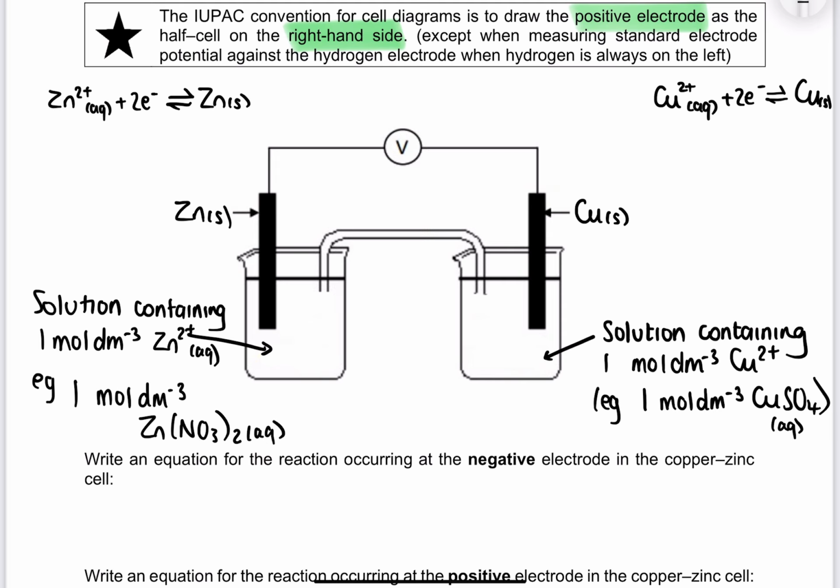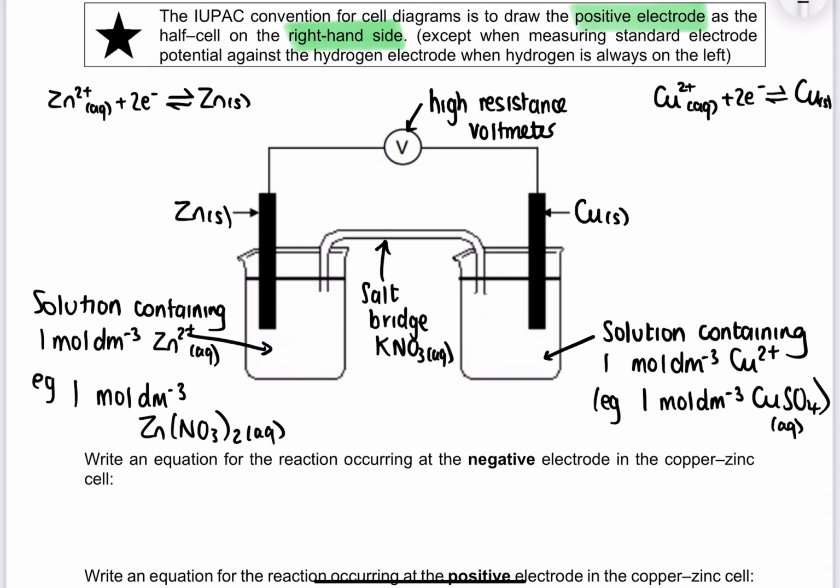We're connecting those two via this external wire and a high resistance voltmeter. And we connect the two solutions via a salt bridge, which contains KNO3 solution. So this is our diagram of our cell.